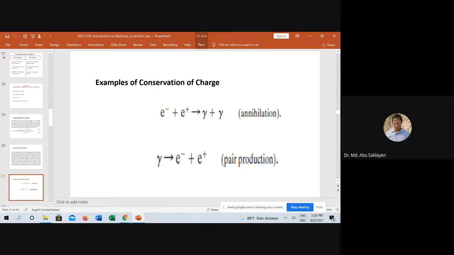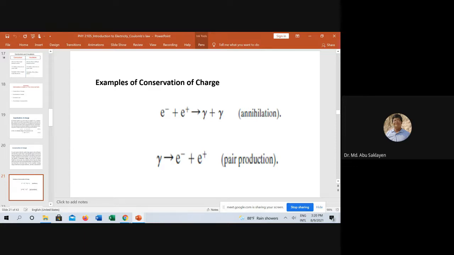Annihilation means two particles destroy each other and energy is emitted, and pair production means two particles are emitted from energy. So conservation of charge means the total charge remains constant, or conserved, before and after the event.